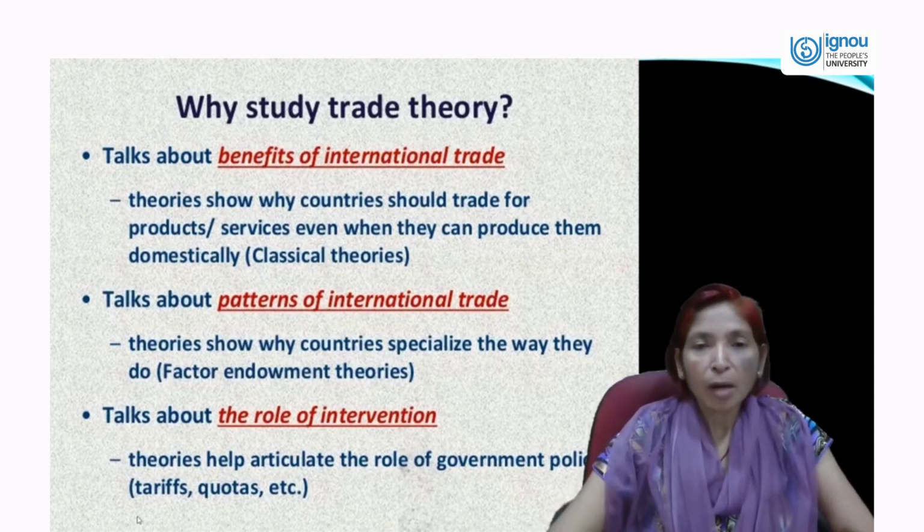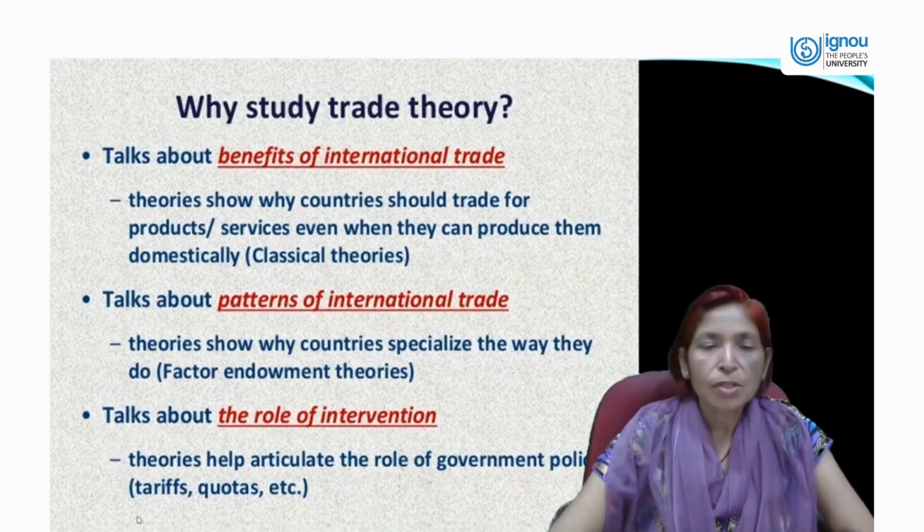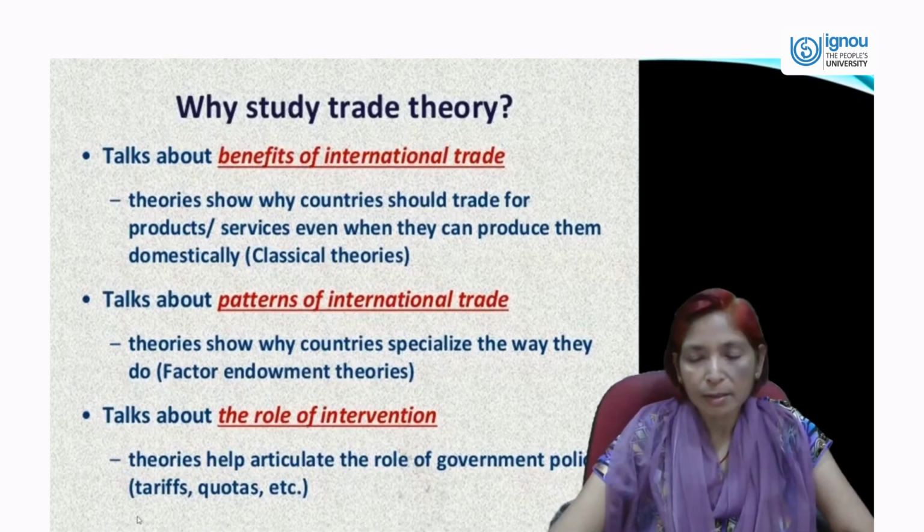So government intervention also plays a very important role to restrict imports and encourage exports. So trade theory is very important and plays a very important role in the present world.